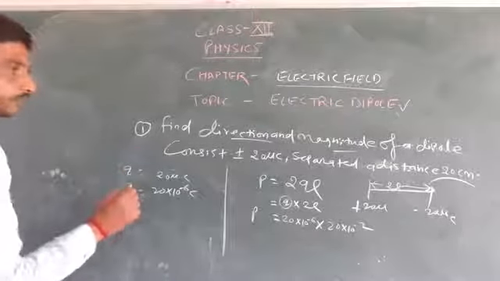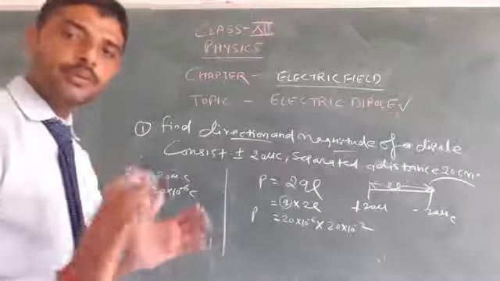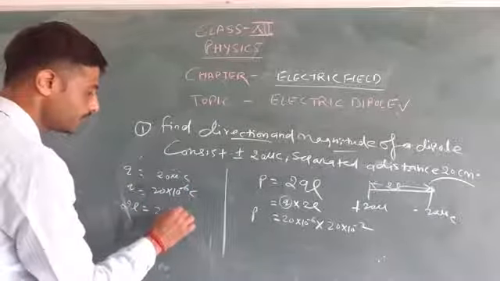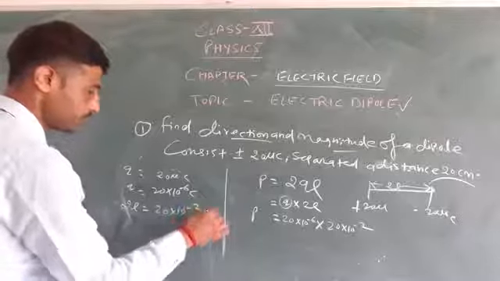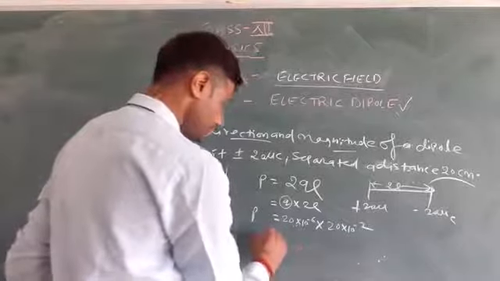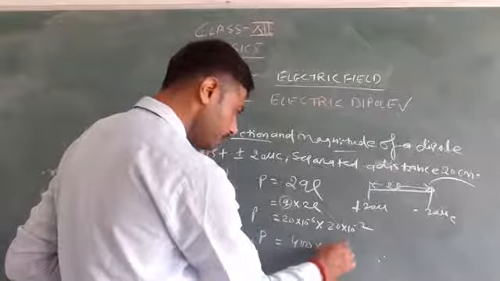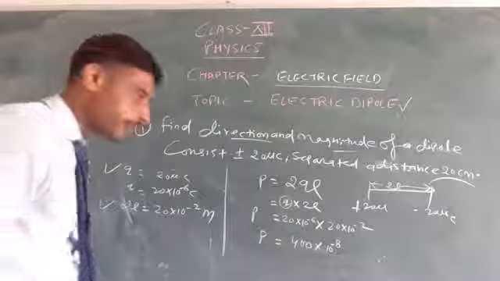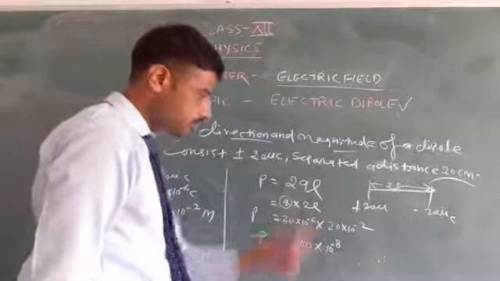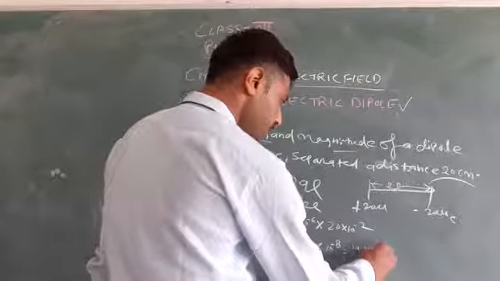And 2l is 20 into 10 to the power minus 2 meter when you convert to meter. So this is equal to 400 into 10 to the power minus 8: minus 6 and minus 2 gives minus 8, and 20 into 20 is 400. So you can write 4 into 10 to the power minus 6.